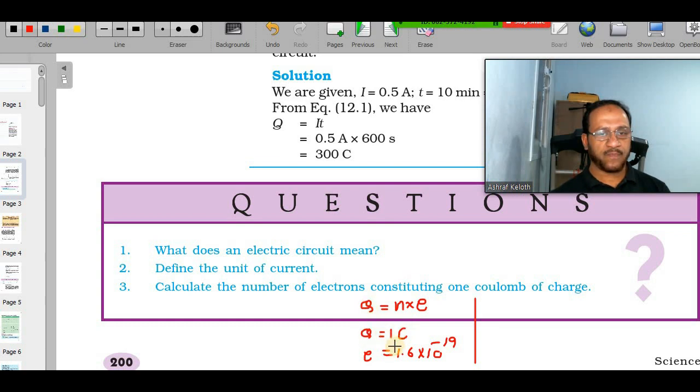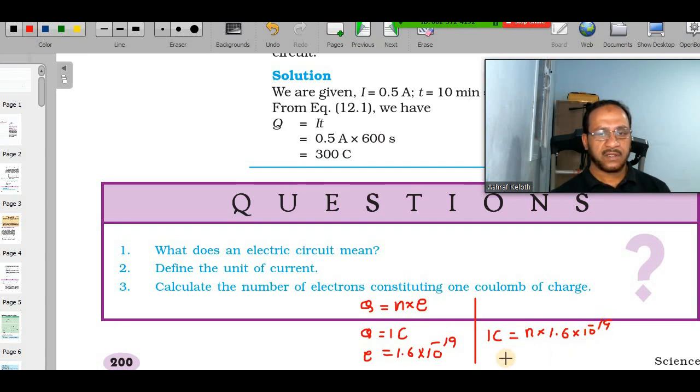Q is 1 coulomb. And we don't know how many electrons are there, that we have to find out. So I'll write Q is 1 coulomb. 1 coulomb is equal to N, which we have to find out, times E, which is 1.6 into 10 to the power minus 19.